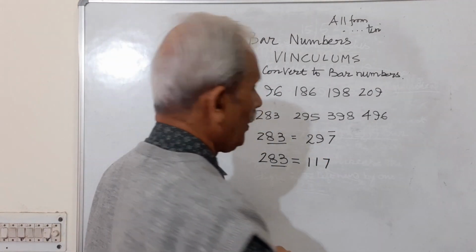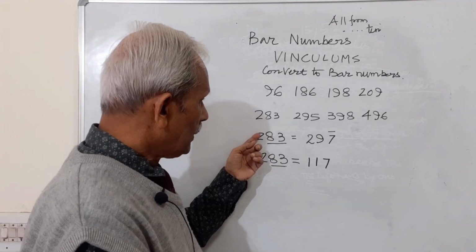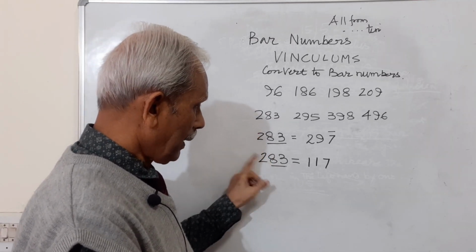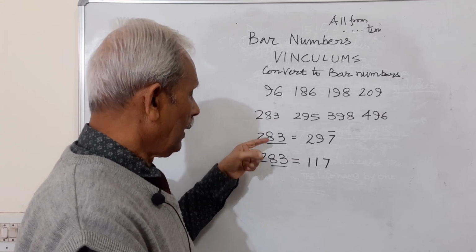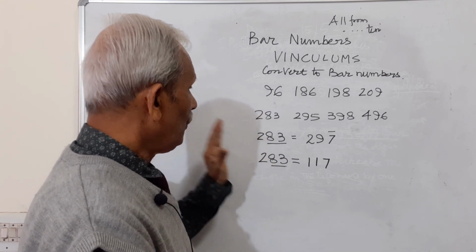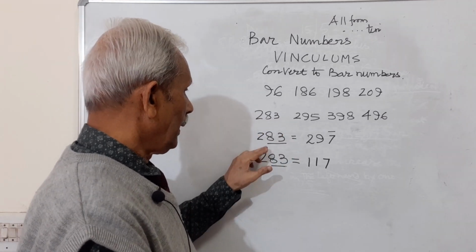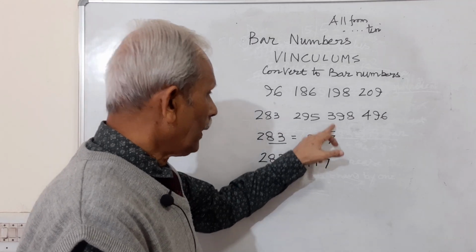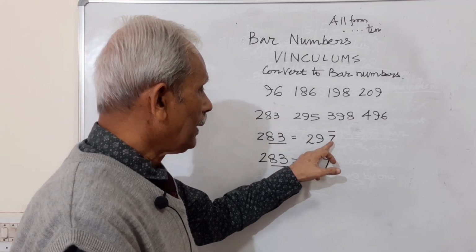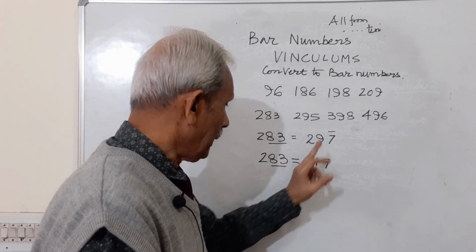Here, are you sure what I am doing? I'll tell you. See, I'll give you this example first, once again, so that you can understand what I have done here. 283, the principle was, if you want to convert something into a bar number, right, then you will reduce the number from 10, then you will increase the number in the left by 1, so 8 plus 1, 9.